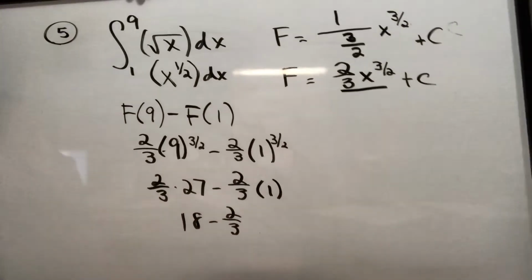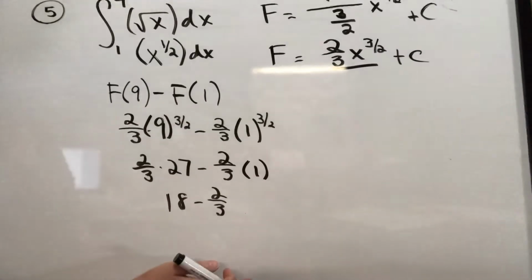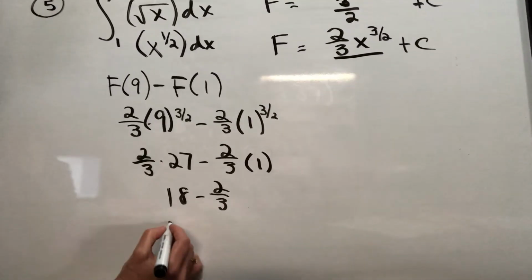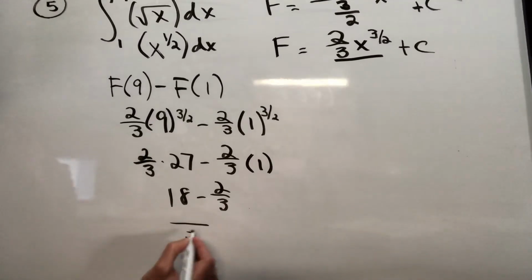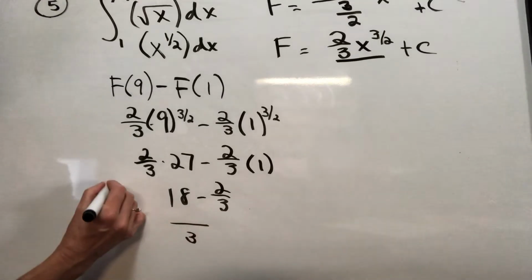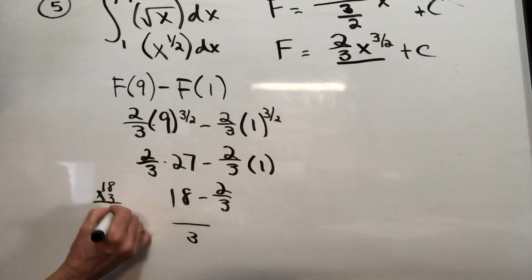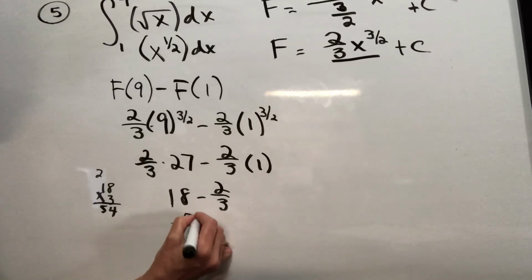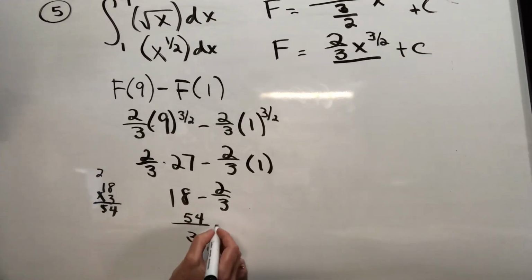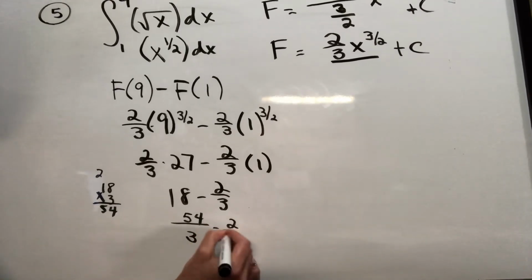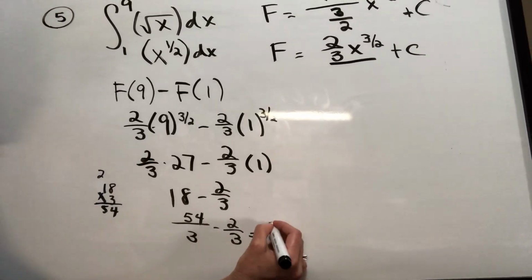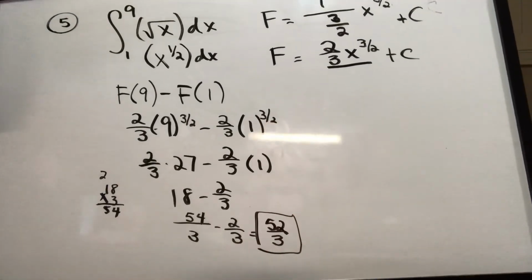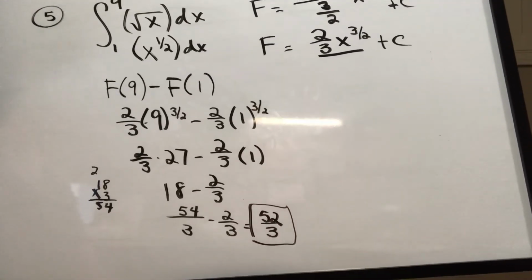Now, if you didn't use a calculator, you would have to find a common denominator. So with a denominator of 3, 18 times 3 is 54. I'm doing old school math now. So 54 thirds minus 2 thirds would be 52 thirds. So your final answer is 52 thirds.